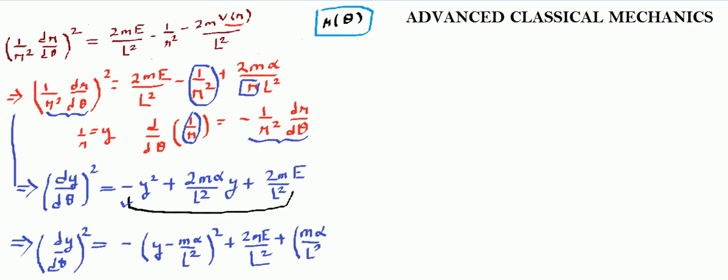How did I do it? If you expand this particular term, then this will get cancelled. It's very easy. I hope you get it. I don't have to teach a lot.